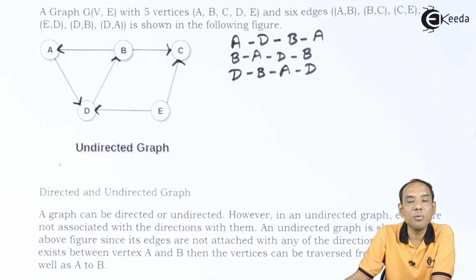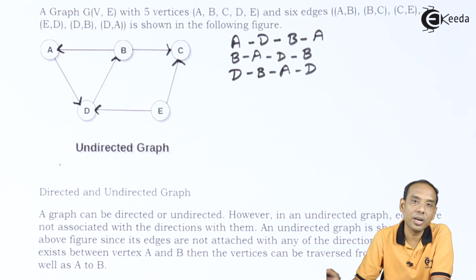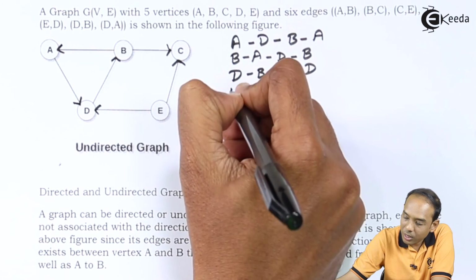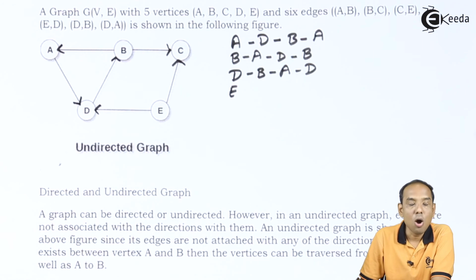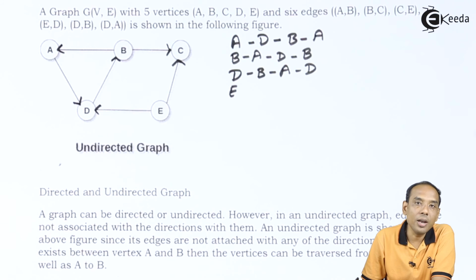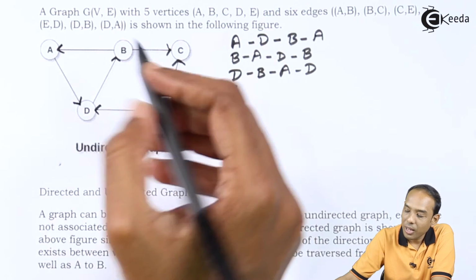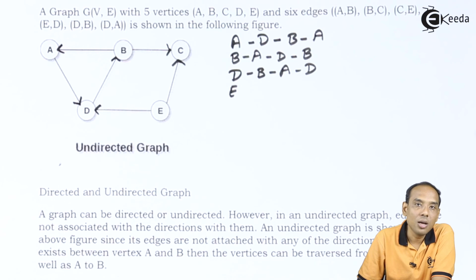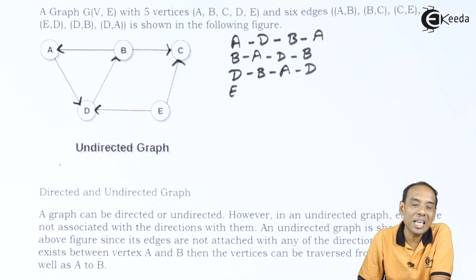Now we will go with the last vertex, that is vertex number 5, which is vertex E. In E, we can go with two paths, E to C and E to D. As you can see, from vertex C, we cannot move further because both the edges are incoming and there is no outgoing edge.